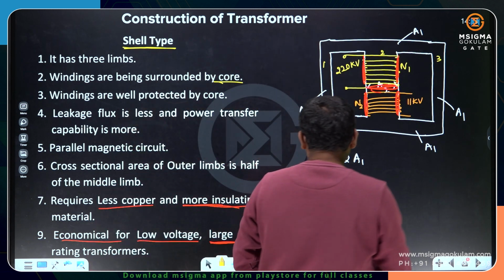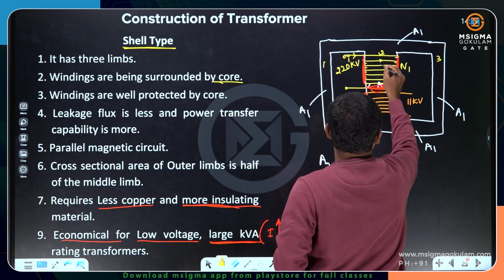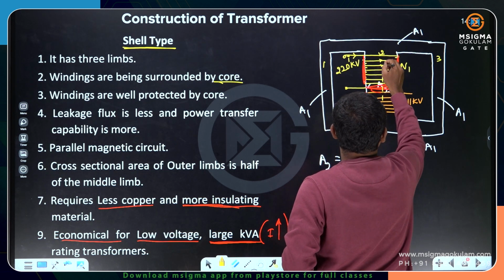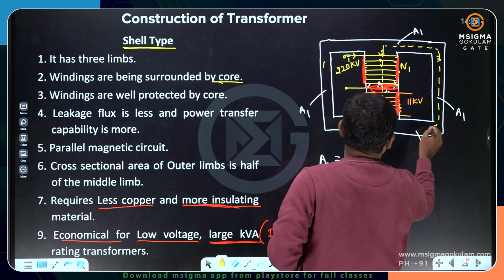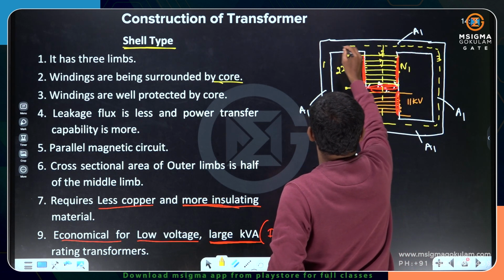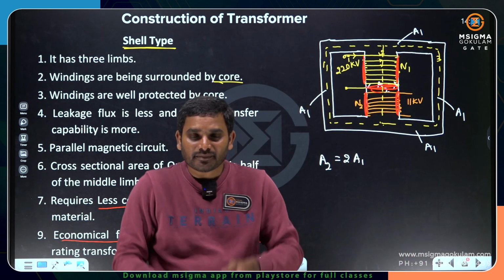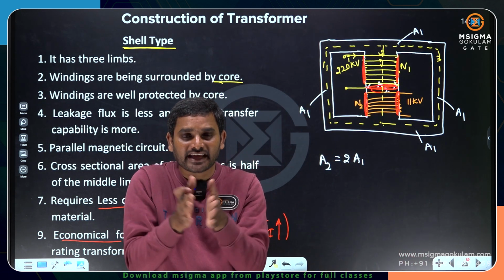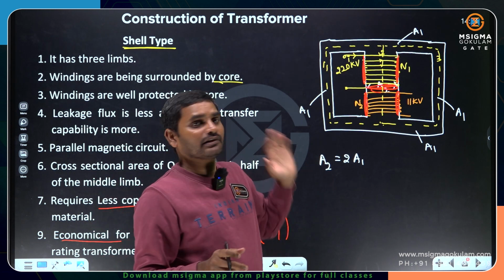And you see, if I give a supply, the supply will drive a current and that current will produce flux lines. These flux lines will divide, one part into this side and also into this side, equally. Why? The middle leg has double the area of cross section and the side legs have the same cross section, that is A1 only.